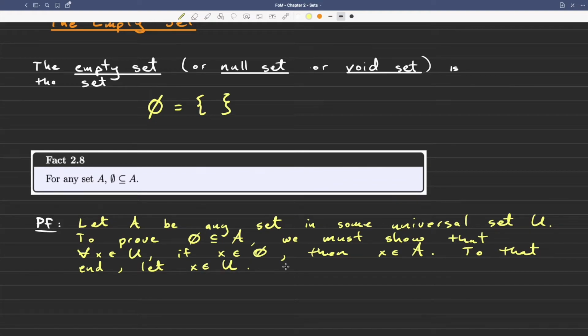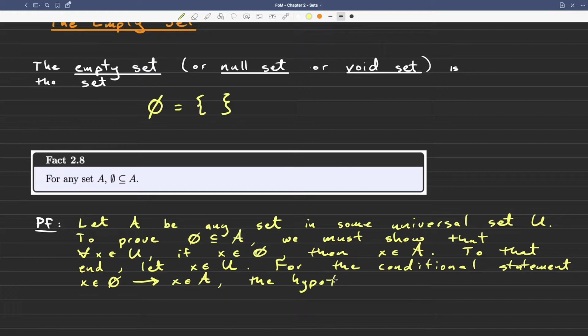I just want to point out something about the logic of what we have to prove. For the conditional statement, X an element of the empty set implies X is an element of A, the hypothesis is false, since the empty set has no elements. By definition, the hypothesis that X is an element of the empty set is just false, because the empty set has no elements.